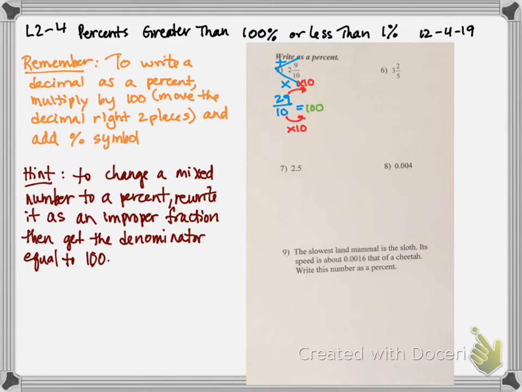So that's going to give us 290 over 100. So then we're just going to grab that 290 and plunk on a percent symbol, and we call it a day. Pretty straightforward. All right, let's practice that again on number 6.